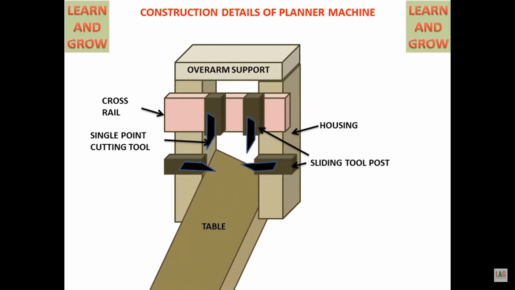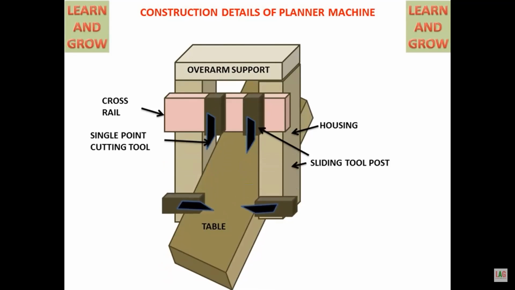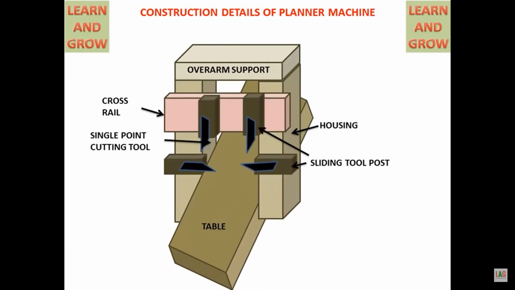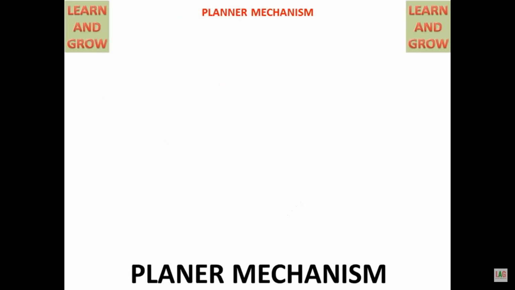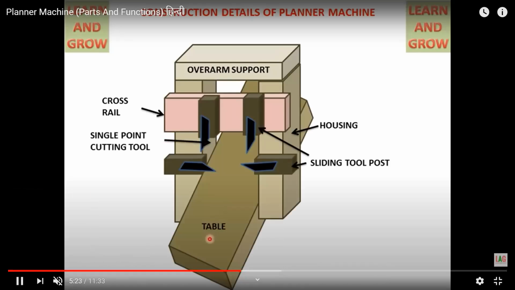You can see here I am moving the table, and likewise I can fix the sliding tool posts. Initially, before the fixing of the job, they can be placed according to the job. Once these are placed in the proper position, our work or the job can be done.